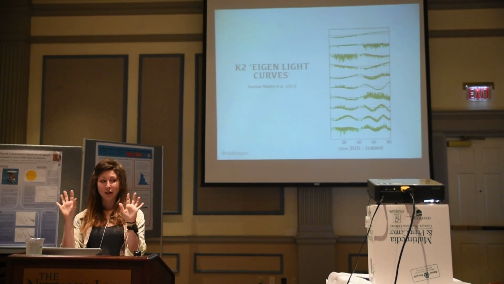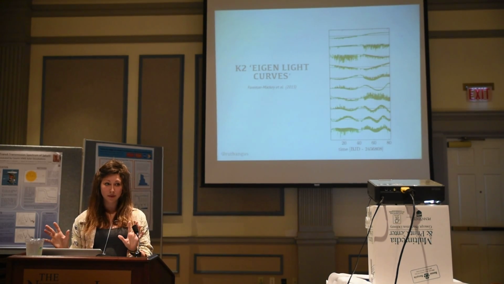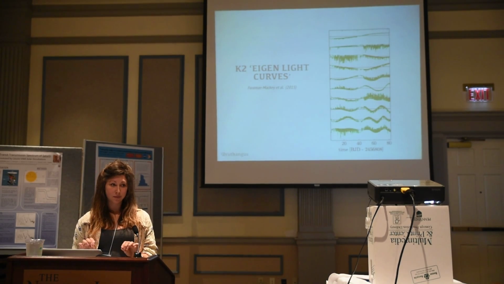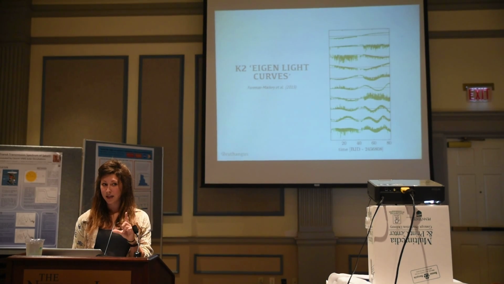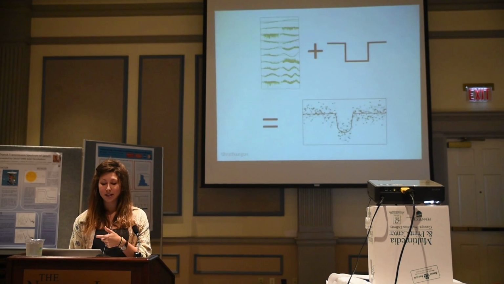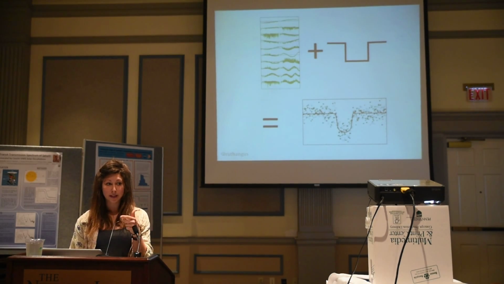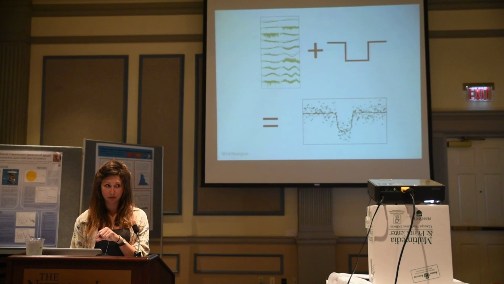So what they did was they downloaded all 21,000 Kepler light curves from campaign 1, and they did PCA on those light curves. Then they saved the top 150 PCA components, or eigenlight curves as they called them. And for each K2 light curve, they modeled the light curve as a linear combination of the top 150 eigenlight curves plus a transit model.